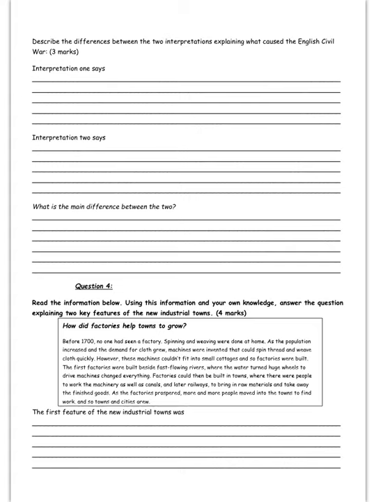Your nose is a feature of your face, so your eyes and your ears. A desk is a feature of a classroom. A keyboard is a feature of a computer. A torch is a feature of a mobile phone. One feature of the industrial towns was, back it up with a quote, a second feature of industrial towns was.